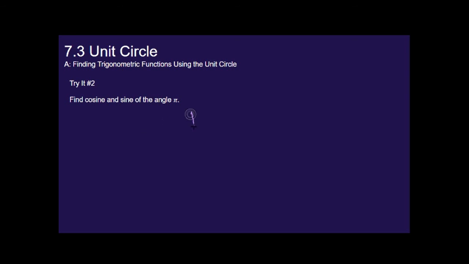So let's start by sketching out our coordinate plane, and then I'm going to switch to a different color here to show our angle. We're talking about an angle of pi, which means it would be this angle here. Okay, so it's pi, and it would intersect the unit circle at (-1, 0).